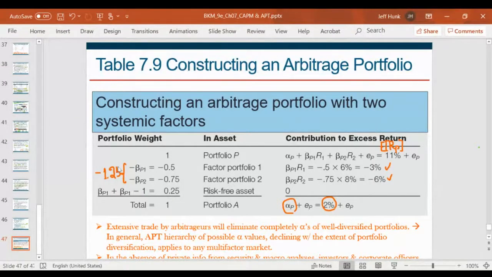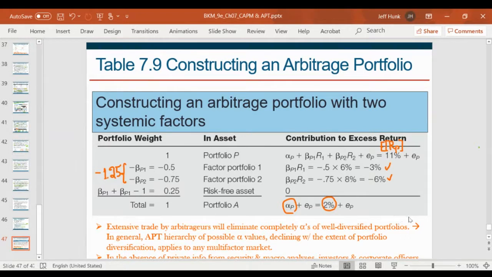So what do you do then? You short sell 50% of the portfolio value, and then you go long 100% on our arbitrage portfolio, and go long 25% on the risk-free asset.